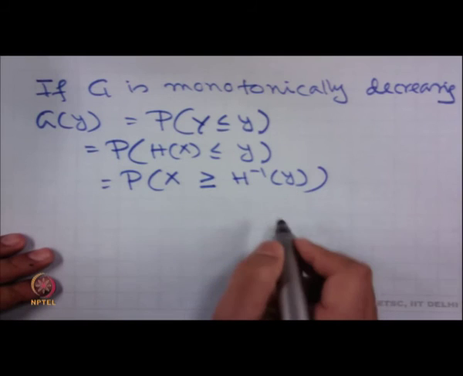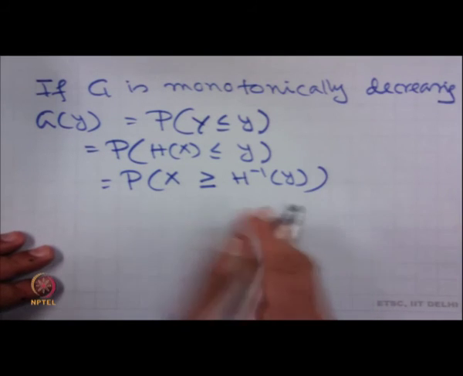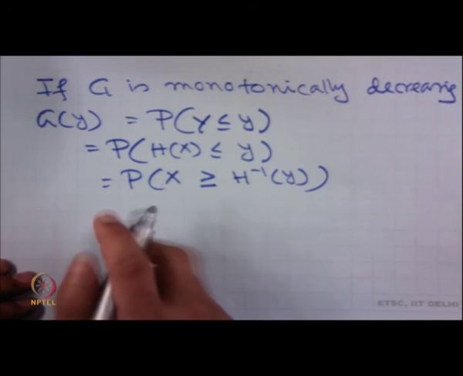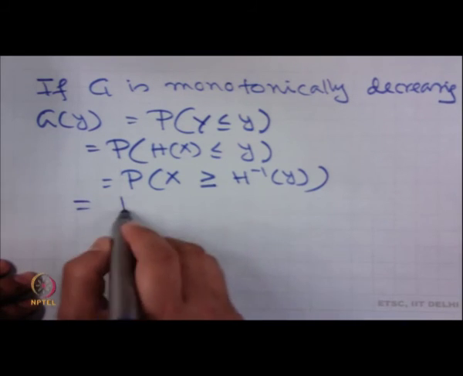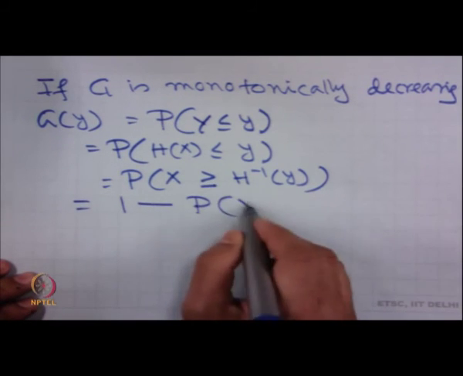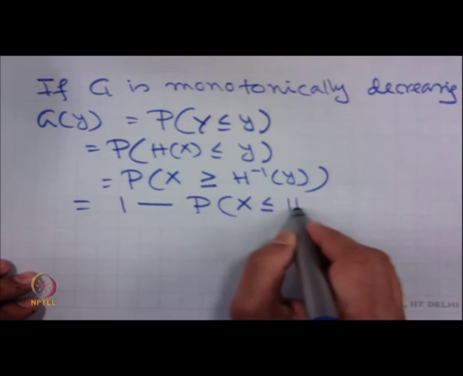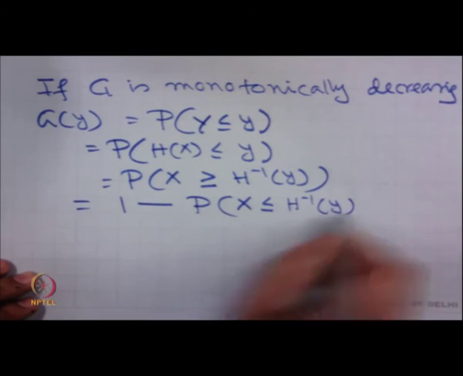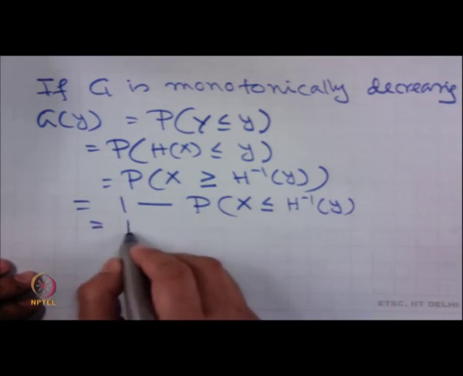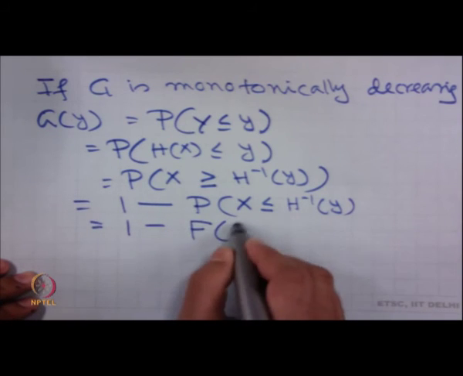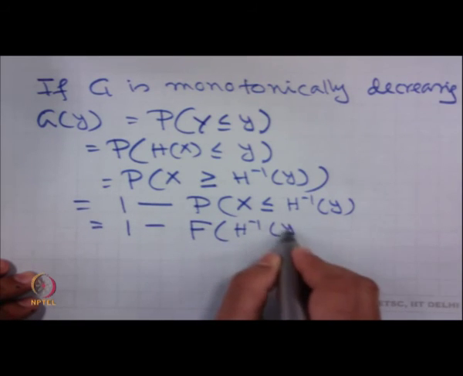This is because it is decreasing. Therefore, inequality will be reversed, is equal to 1 minus probability x less than equal to h inverse y, is equal to 1 minus f at h inverse y.